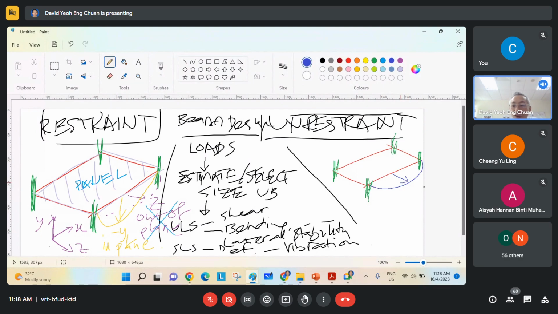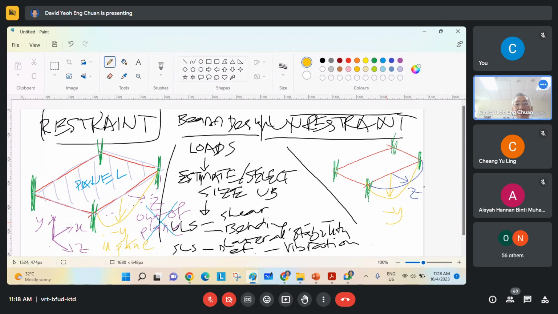This is the Z direction, and it's also going to deflect downward, in the negative Y direction. So in an unrestrained beam, there is no slab on the top holding the upper part.